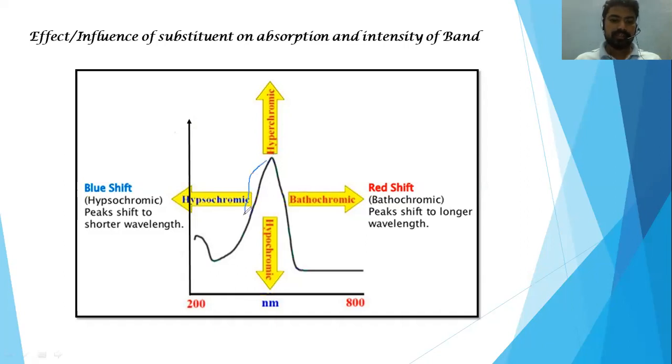On the x-axis we are taking the lambda max value, and on the y-axis we are taking the absorption intensity value, the epsilon max value.